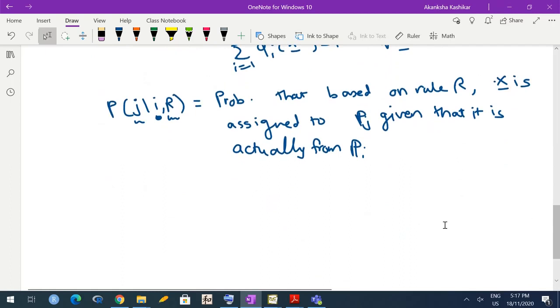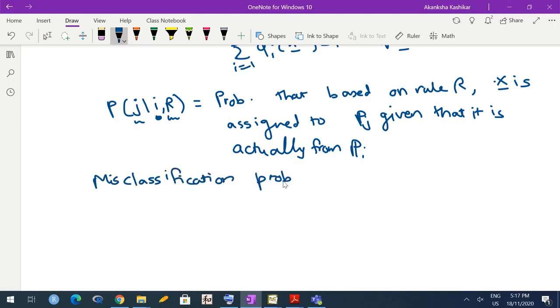So in general, what is the misclassification probability for an observation coming from the ith population?